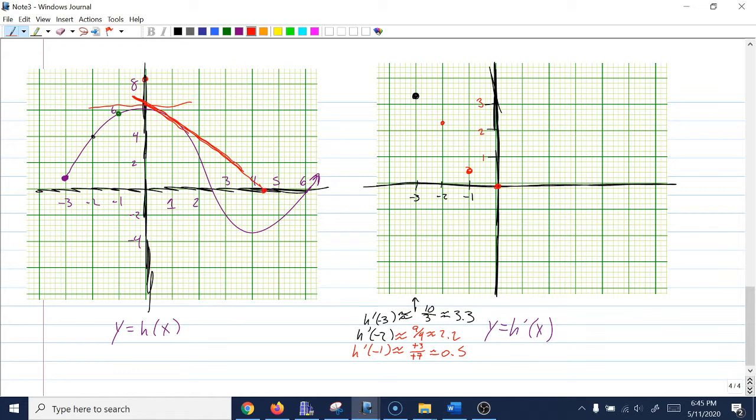From here to here, our rise is we went down 6 over 4 something. So down 6 over 4 something is -1.5. I'll put a dot about -1.5, and so on and so on. Our next one is going to be much steeper.